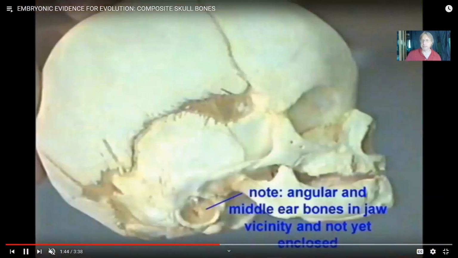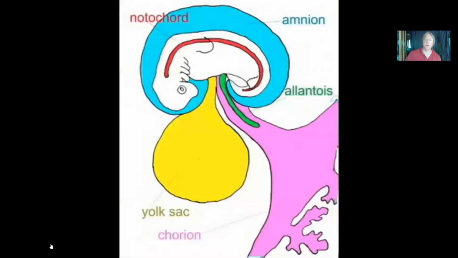And so the skull bones of fetuses don't form as miniature versions of the adult human bones, but they form in a way that we would expect if humans share a common ancestry with other animals.